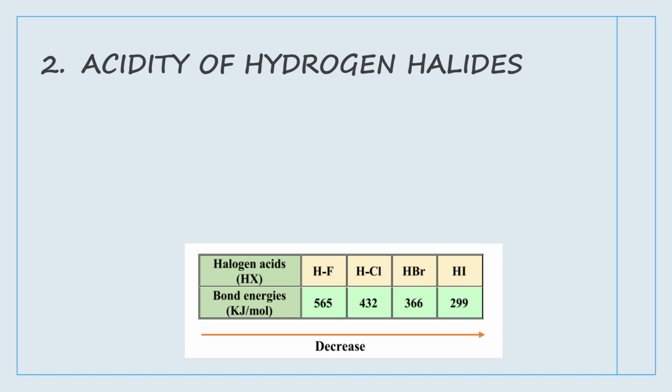And which halogen will donate the proton? The one that has the smallest value of bond energy. So by the amount of little energy, it will donate the proton.